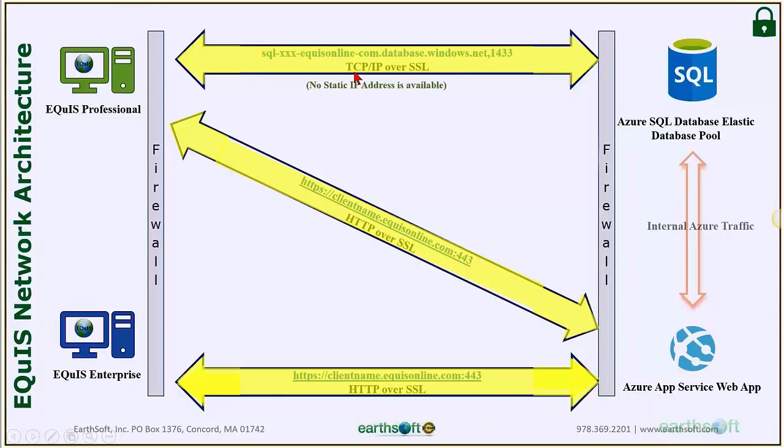This information tells us the protocol or the channel for which the data is transmitting over the internet. So in this case, when you're connecting using EQuiS Professional, that data is transmitted via TCP/IP.